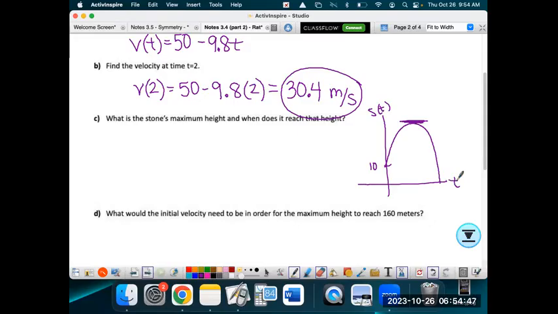And when we have a horizontal tangent line, the slope of it is 0. So the slope of my tangent line, or my derivative, equals 0. So to find the maximum height, we're looking at where my derivative equals 0, or remember the derivative of position is my velocity. So we're going to take our velocity function and find where that equals 0.